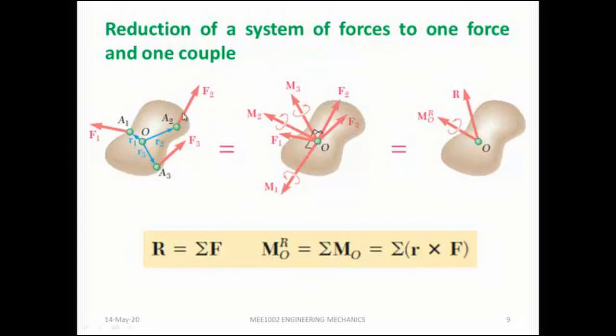So the net effect of these forces on this body is unaltered. Finally, we know for all the forces there's a resultant force. For all the couples, we have a resultant couple. So we sum all the force vectors, and we sum all the couple vectors. That is what is given here.